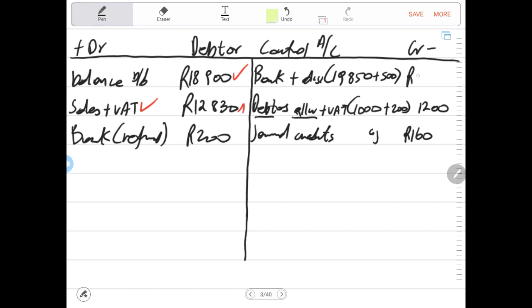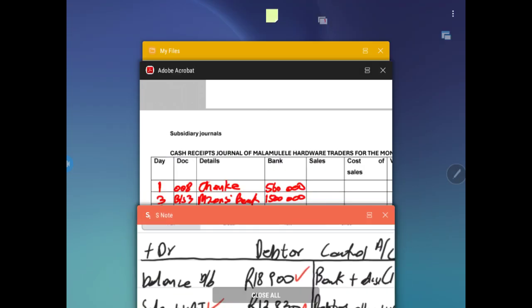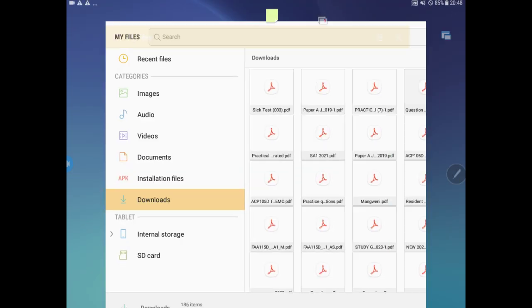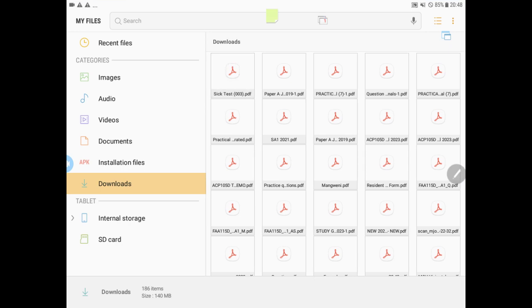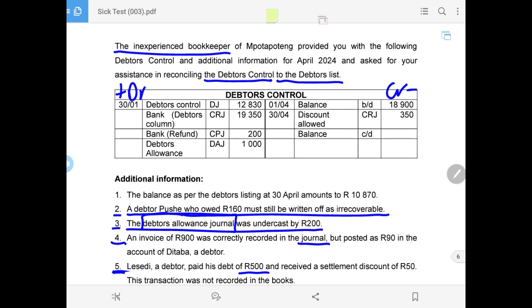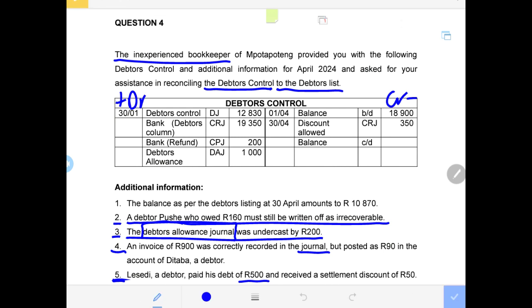We are sitting with a total of 19,850 plus 500. Let me check, 19,350. I wonder why I ended up with 19,850 on my side. I hope you have identified this one. I had my 19,850, yet we were dealing with 19,350 on that one.